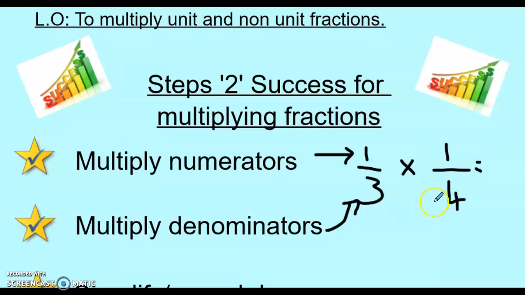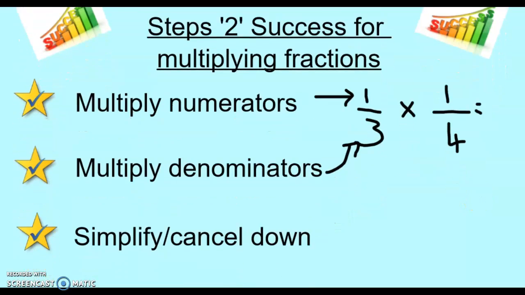The denominator is the bottom number of a fraction. So for example here, we would need to do 3 times 4. Once you have done that, this is the part that's a bit trickier, and this is to push your learning. You need to simplify or cancel down the fraction to write it in its simplest form. Remember, we've looked at this before, about equivalent fractions and writing the fraction down in its simplest form.